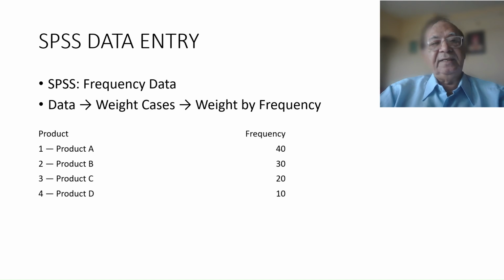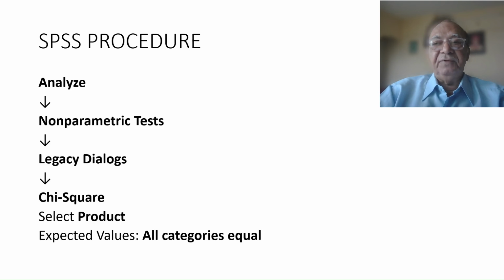Second variable contains frequency. Then select data, weight cases, and weight the cases by frequency variable. SPSS will now treat these 4 rows as 100 observations. This is a very useful technique when working with published tables or summarized frequency data.